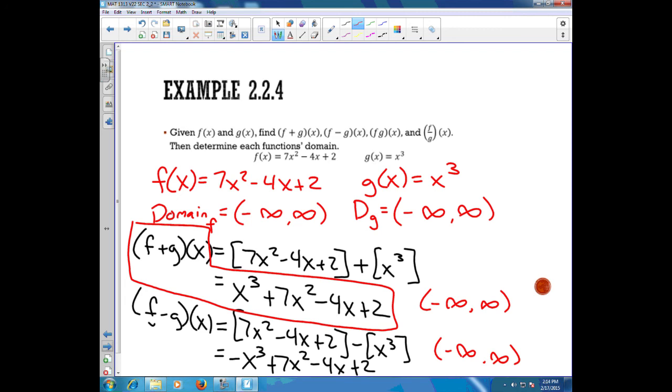So we can determine the domain usually in one of two ways. Either determine the domains of the individual functions, and then look for what they have in common. In this case, they have every number in common. Or we can determine the functions f plus g and f minus g, like we did here, and then just look at the functions overall and determine the domain in that way.